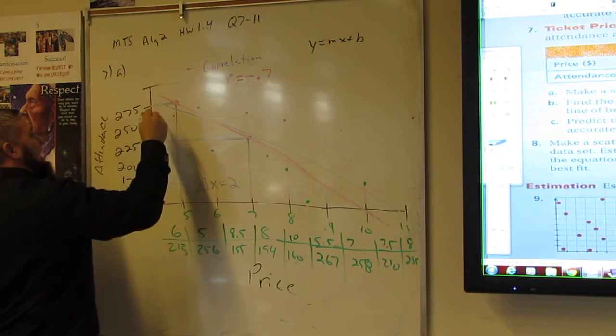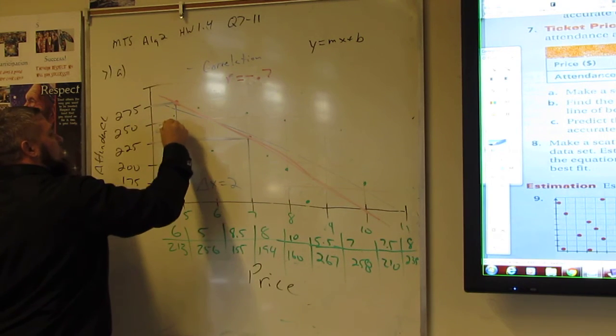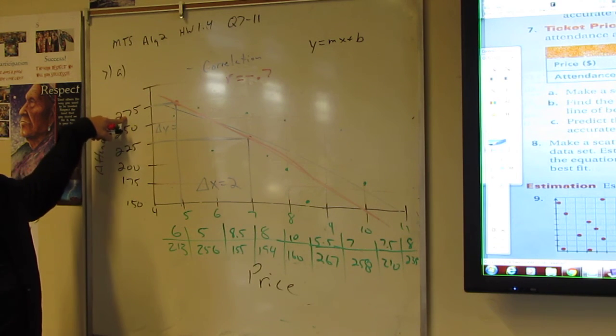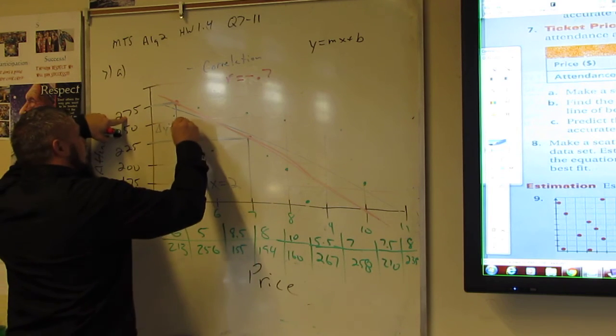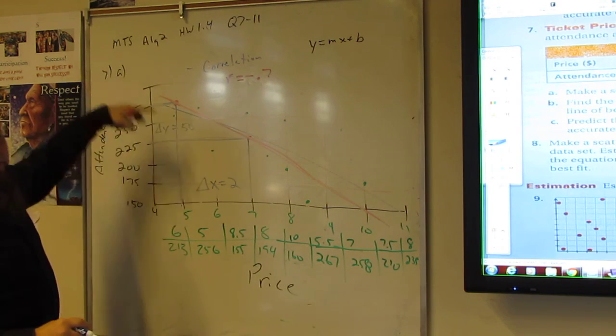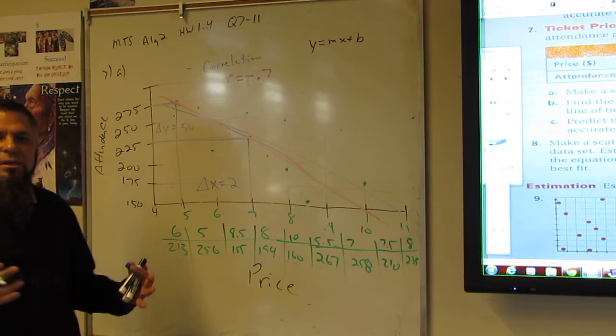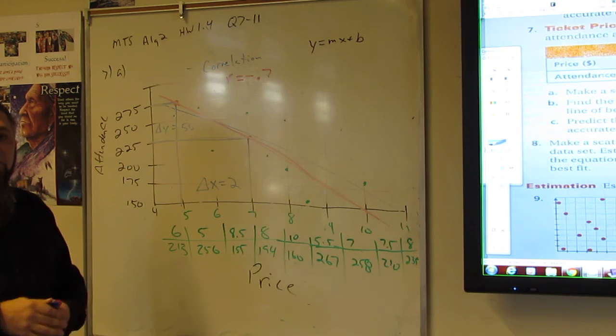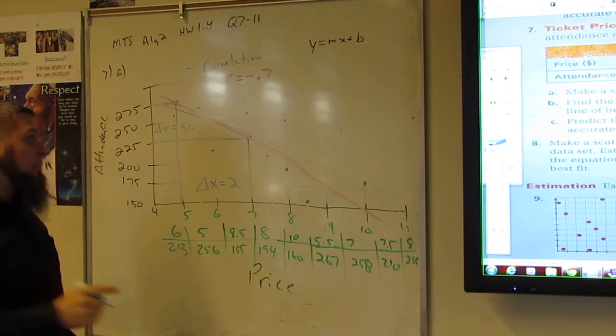So how much does it change from 225 to 275? 50. Okay? Now, I don't know where it crosses the y-axis, right? I don't know my b.